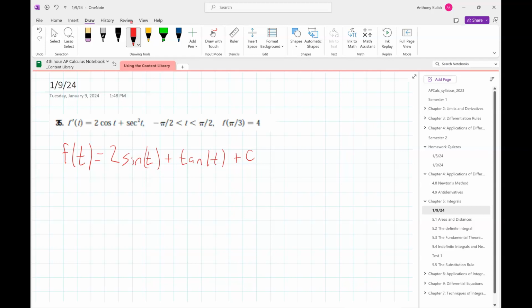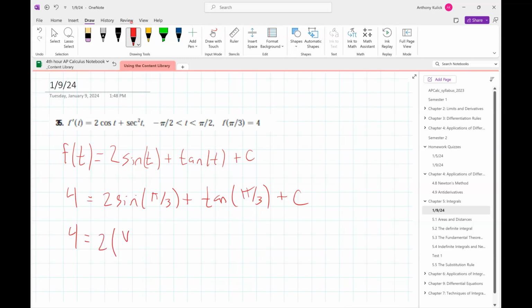And then we want to check, so we know that if I plug pi over 3 in, I should get 4, right? Now, pi over 3 is 60 degrees, so that's going to be the big value for sine.